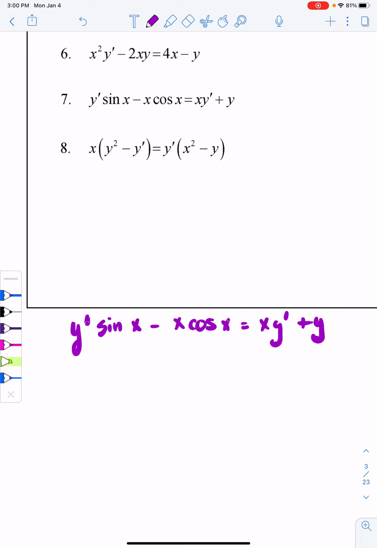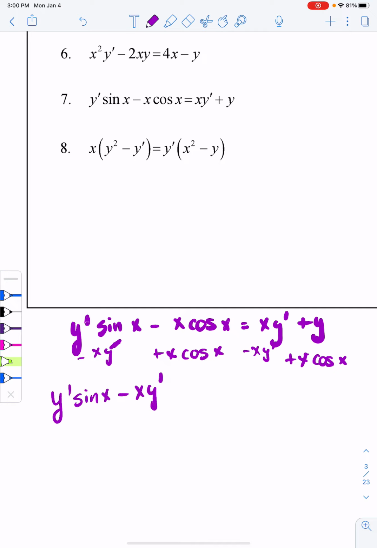So I'm going to add x cosine x to both sides. And I'm going to subtract xy prime from both sides. So y prime sine x minus xy prime is equal to y plus x cosine x.